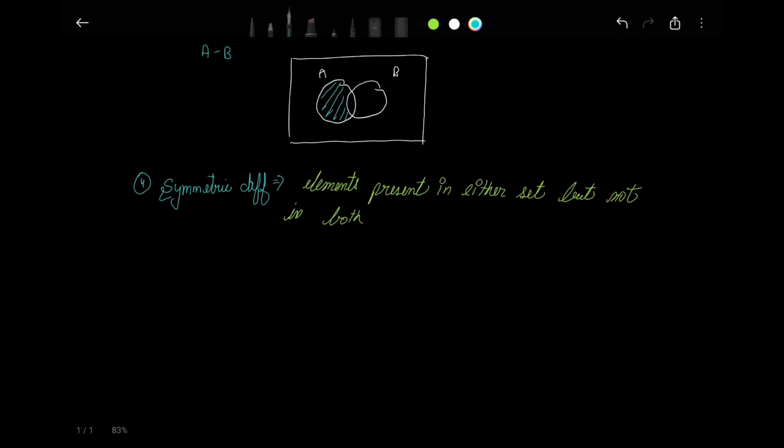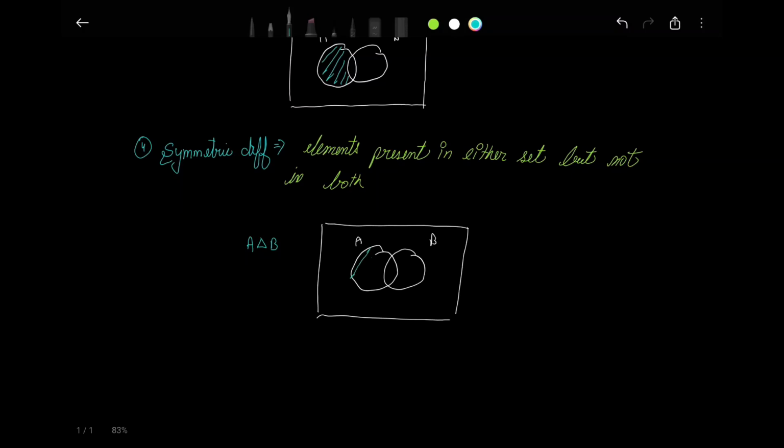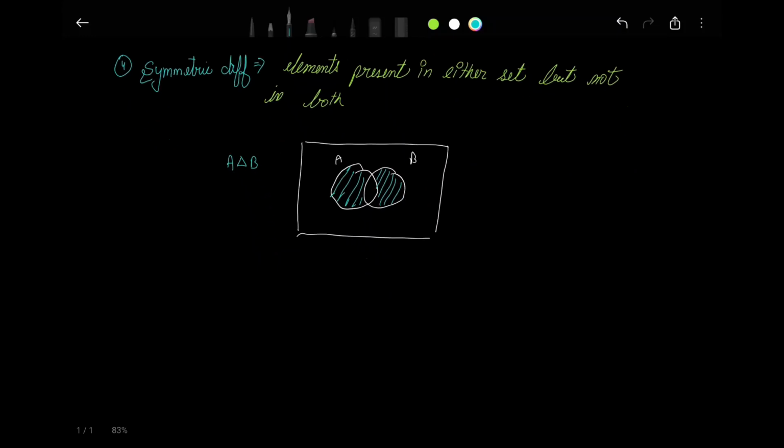It removes the common elements and keeps only the unique values, and it is represented by this sign. Say again, I will take the example of A and B. We have set A and set B. Then A symmetric difference B is this area, the area which is unique to both sets.